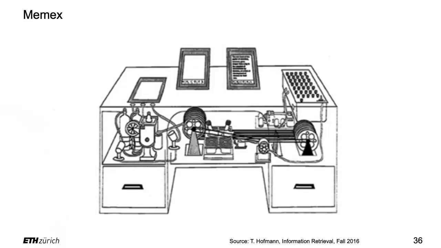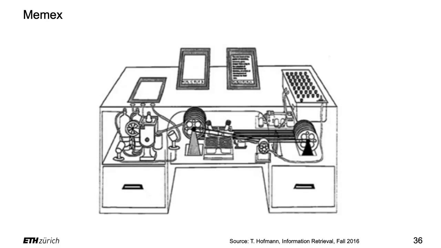This is a picture that dates back to the 1940s by Vannevar Bush, which is an effort to imagine some device that would be hidden below your desk that gives you some front end with which we can retrieve information. In essence, that was a very early version of a computer or even of a tablet device, of course, a little bit bigger, right?